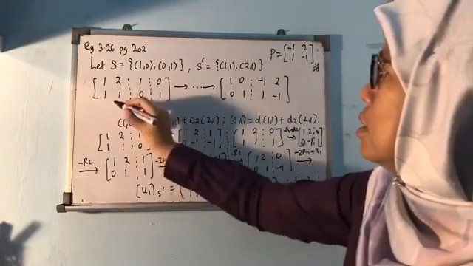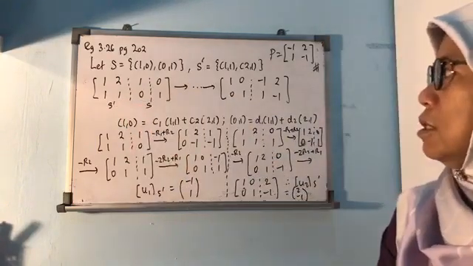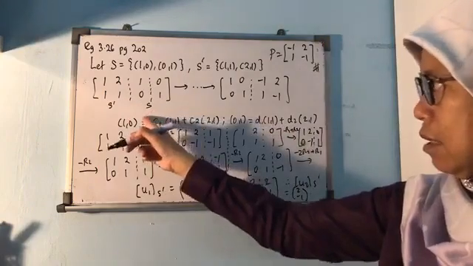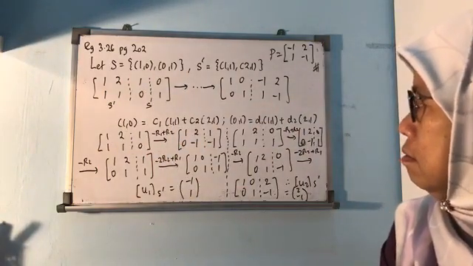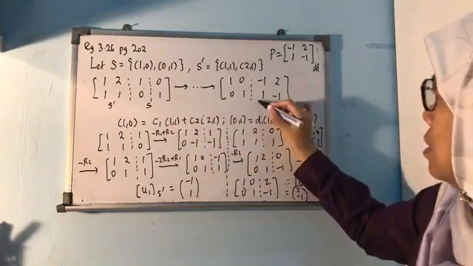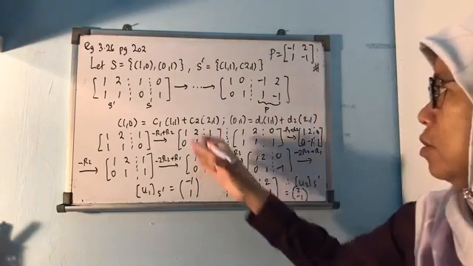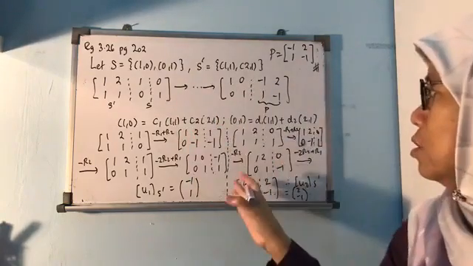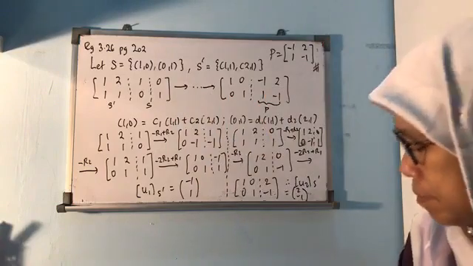Okay, so this is your S prime, this is your S. So this is the transition matrix from S to S prime. Then this is your P. This is how you combine these two by definition to get P.